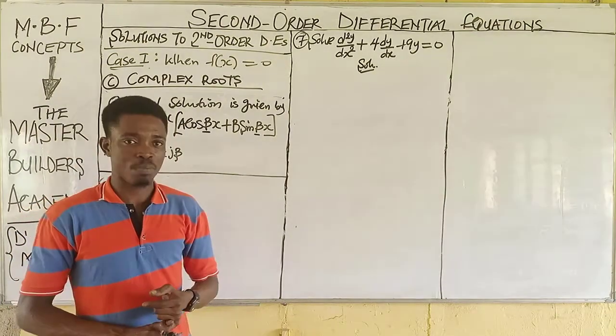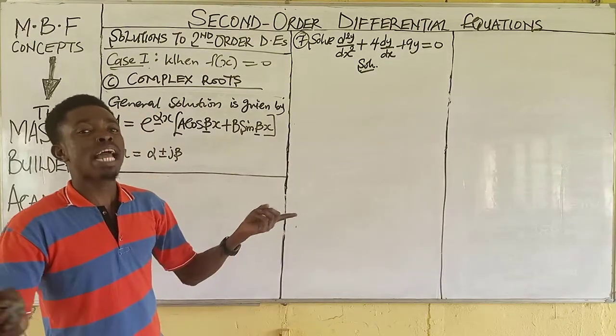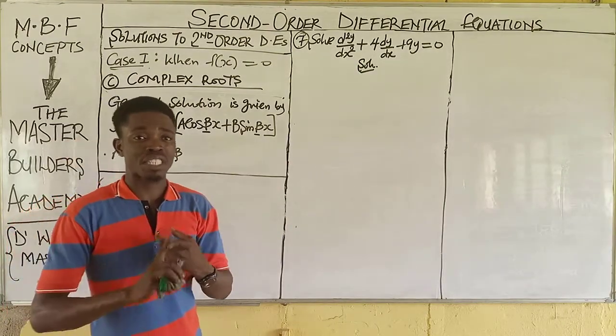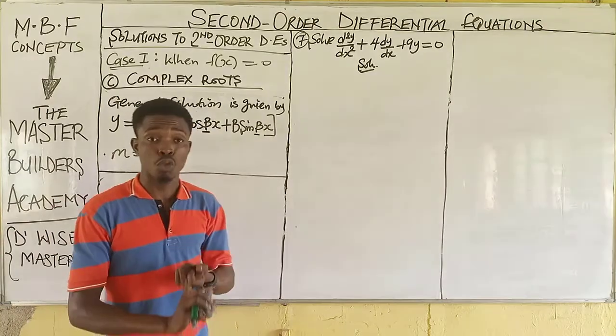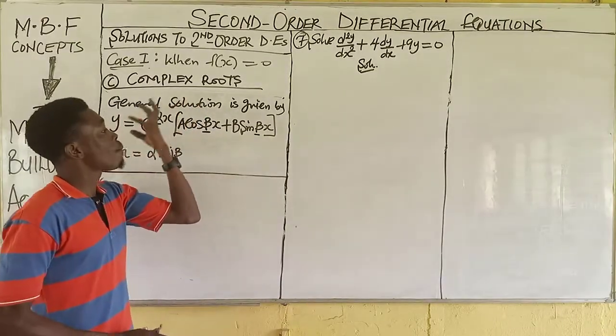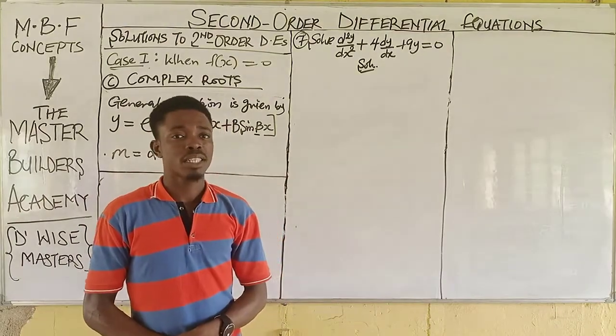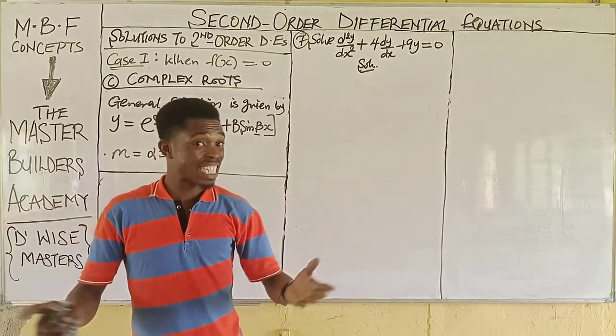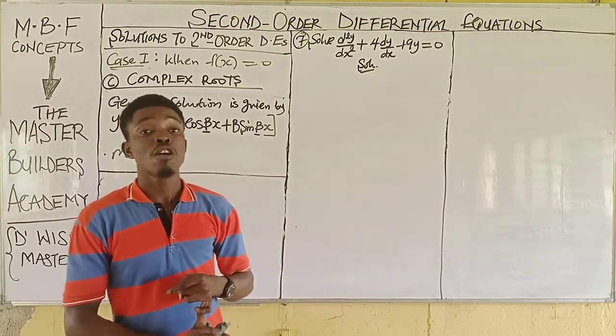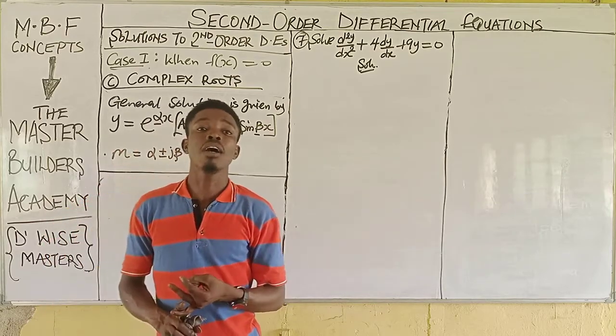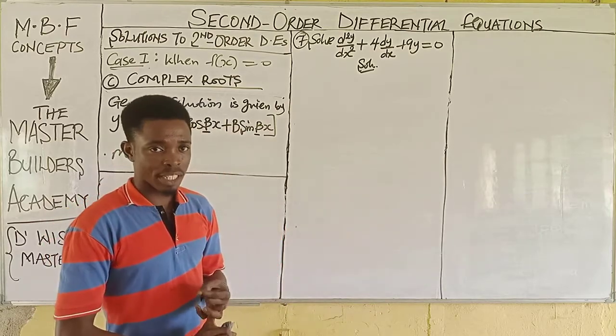That's why it's coming as complex. There is no problem under second order differential equations with complex roots that you will be able to solve with factorization. It is impossible. You can only use the formula method or the method of completing the square.